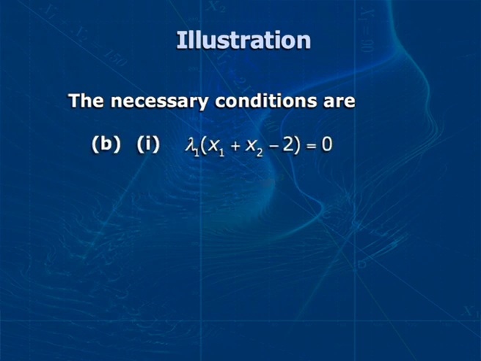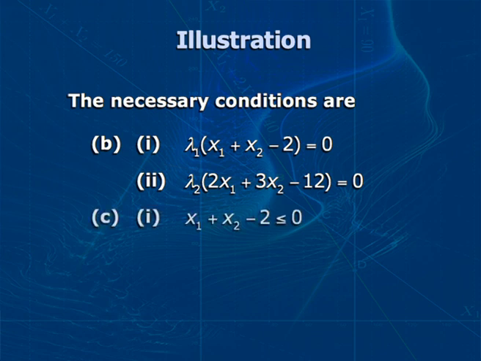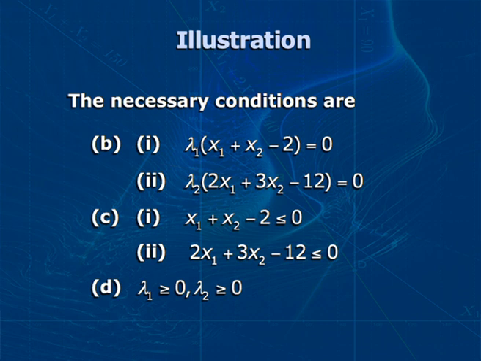B, lambda 1 into (x1 plus x2 minus 2) is equal to 0, lambda 2 into (2x1 plus 3x2 minus 12) is equal to 0. C, x1 plus x2 minus 2 less than or equal to 0, 2x1 plus 3x2 minus 12 less than or equal to 0.